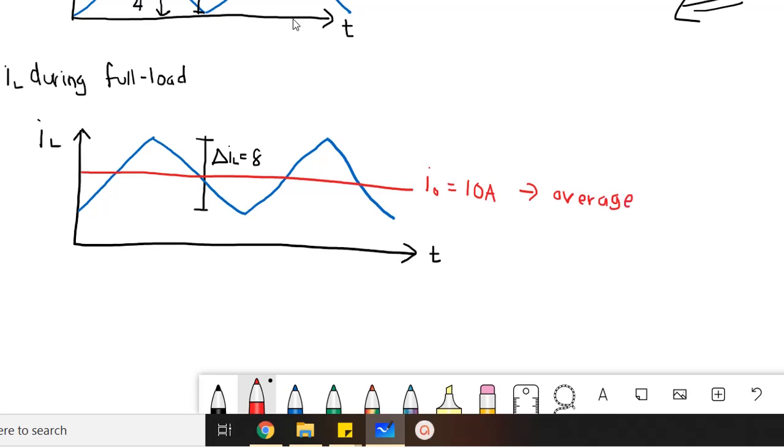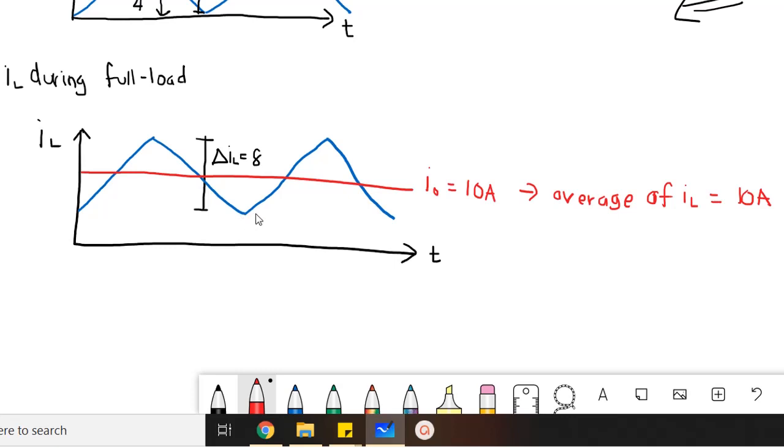So the average of IL is 10 ampere. From there we can derive the peak value and the minimum value.